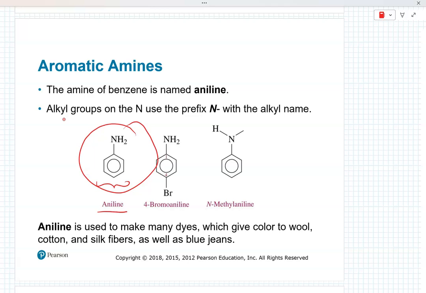Now, pay close attention to what I'm about to say. There are 2 hydrogens that are connected to a nitrogen atom. Do you agree with me? And then there are 5 more hydrogens, we just don't show them on the formula, which are connected to these 5 carbons. Do you agree with me?